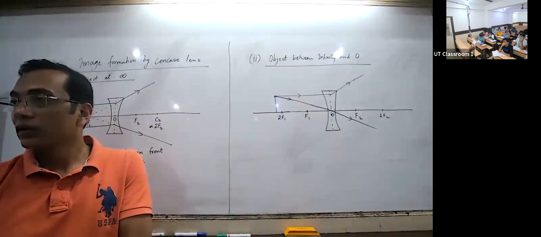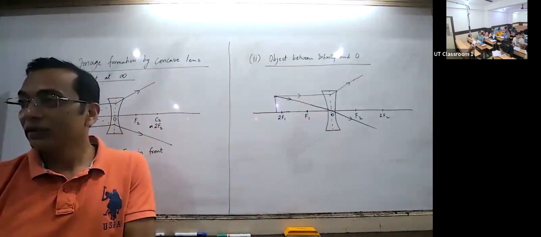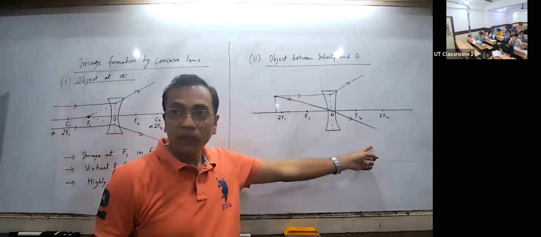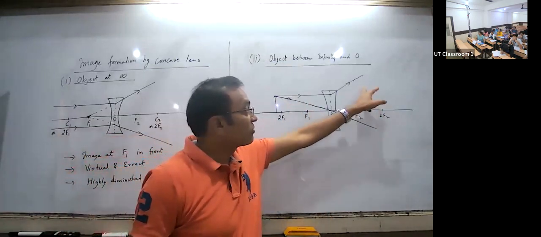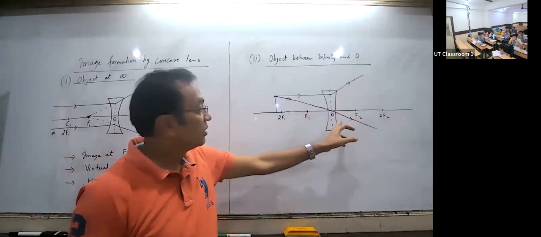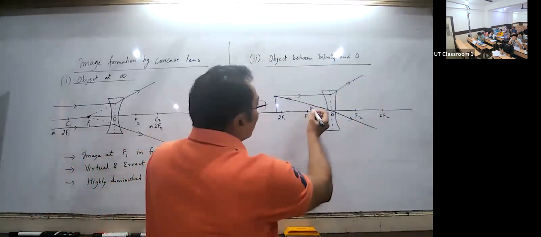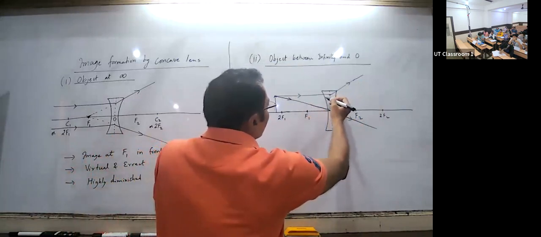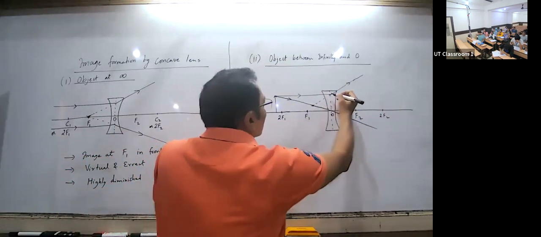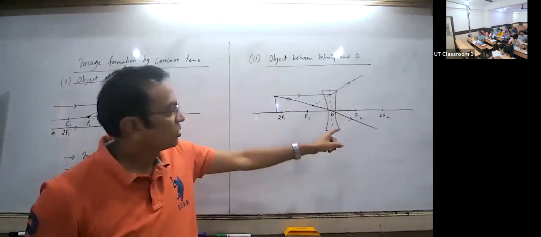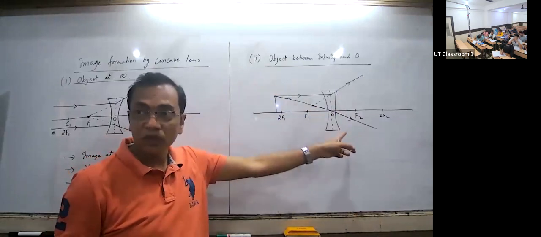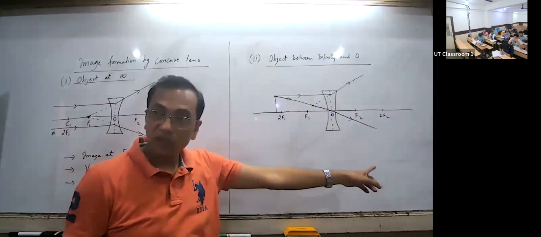Now, so here it is going undeviated, but when somebody observes from here these two rays, what will appear to him? That from where it is coming to him from. Got it? So we don't show the ray backward here, because it is transparent.